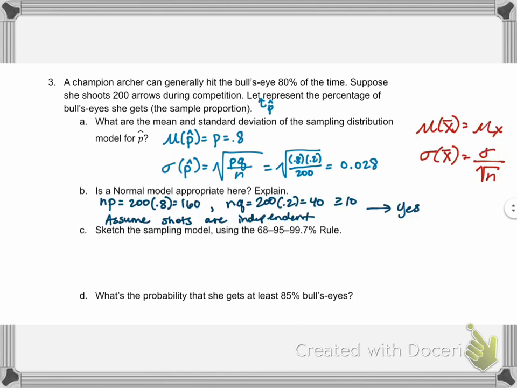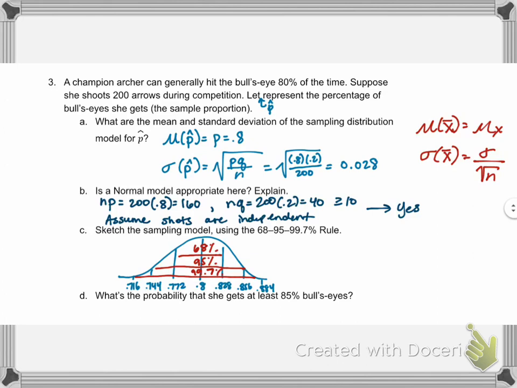So go out starting with 0.8 in the middle, and then adding 0.028 or subtracting 0.028 each time you go out. And then you guys know here that between these 2, 1 standard deviation each way is 68%, 2 standard deviations each way is 95%, and 3 standard deviations each way is 99.7%. So I just wanted you to draw that picture of that normal distribution using your answer from part A.